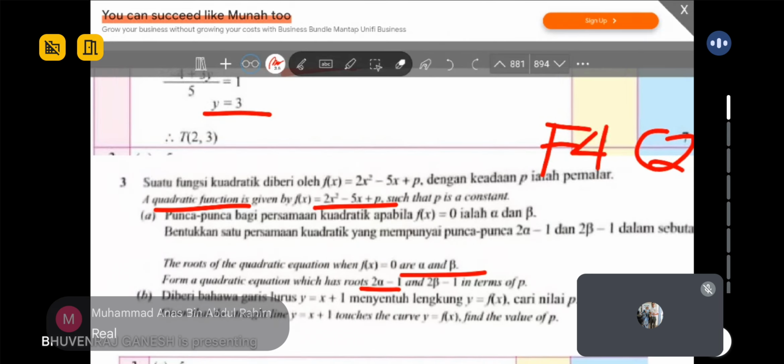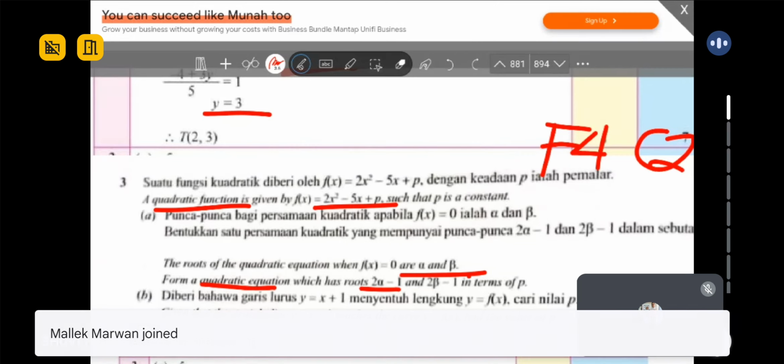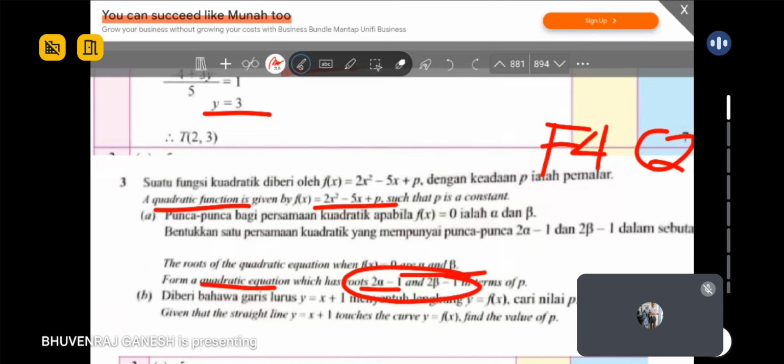Okay, so we still discuss the question first. Okay guys, so now they ask you to form the quadratic equation with these new roots. You must form the new equation. Okay guys, so may I know, sum of roots, what is the formula?